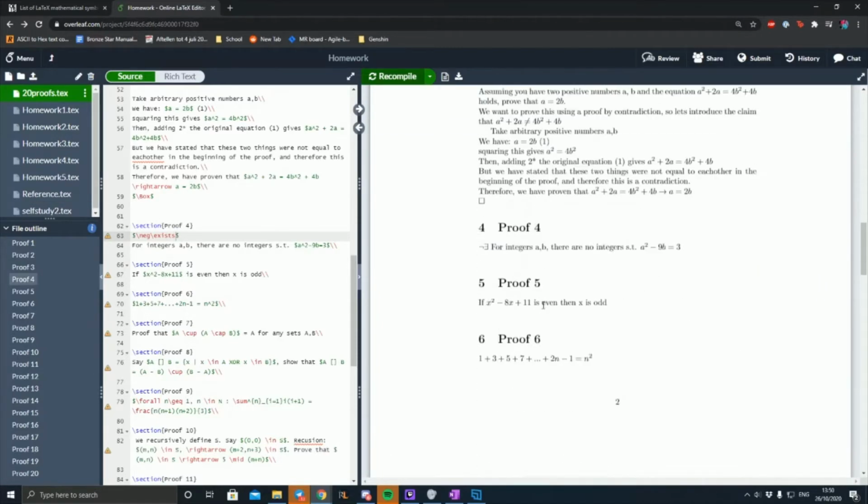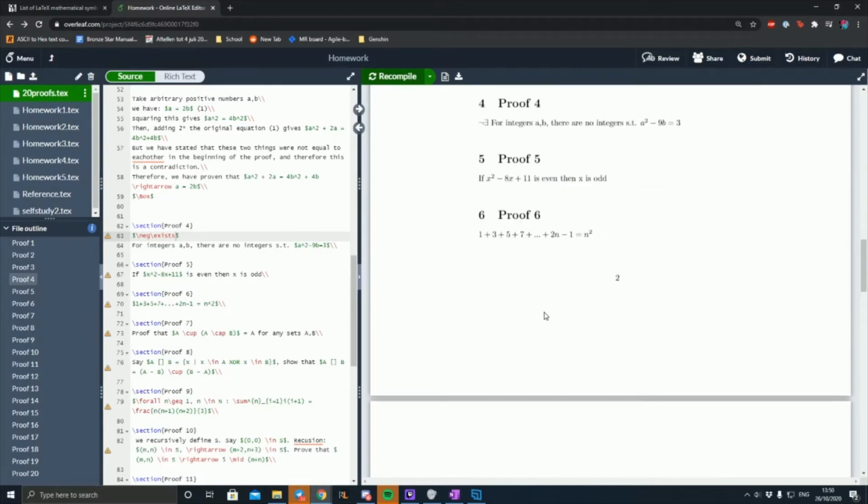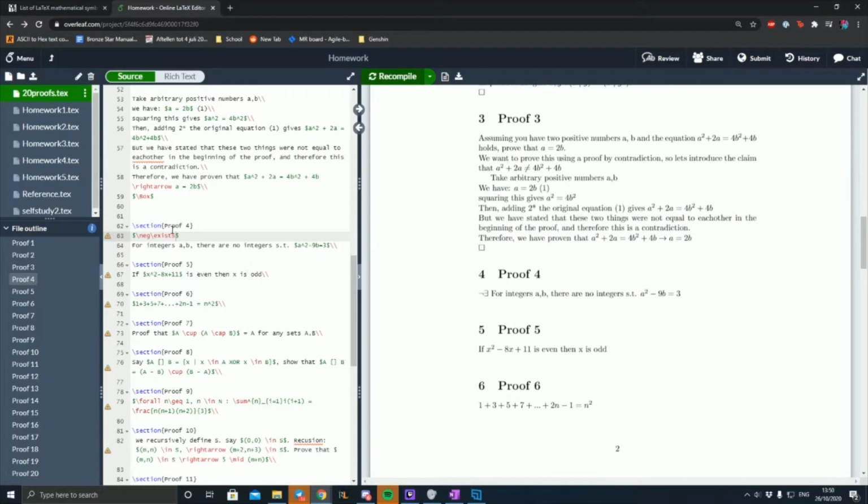There doesn't exist an a, b such that a squared minus 9b equals 3.